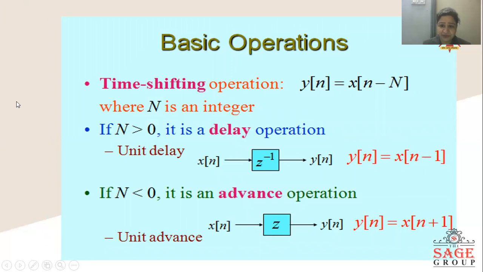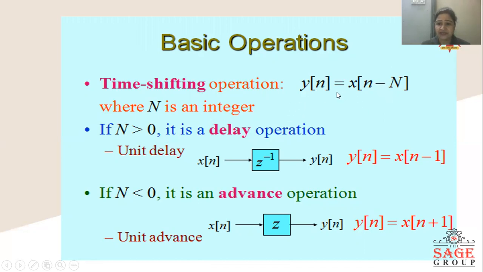Now, the time shifting operation. The time shifting operation is given as y n equal to x n minus capital N, where N is an integer. Now, if this N takes a value greater than 0, we will say that it is a delay operation. Say capital N is equal to 1. So y n will be x n minus 1.